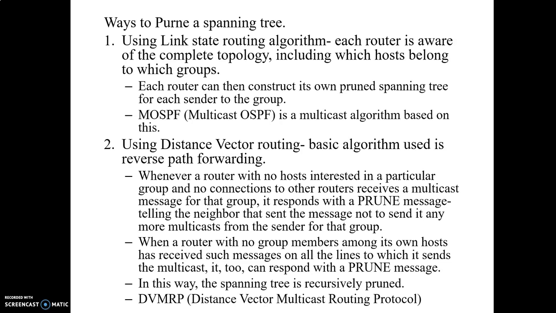Apart from sending the vectors, whenever a router receives a multicast message and it does not have any members to receive that message, the router sends back to its neighbor a prune message, telling its neighbor that it does not have any such group and henceforth not to send those messages to it.